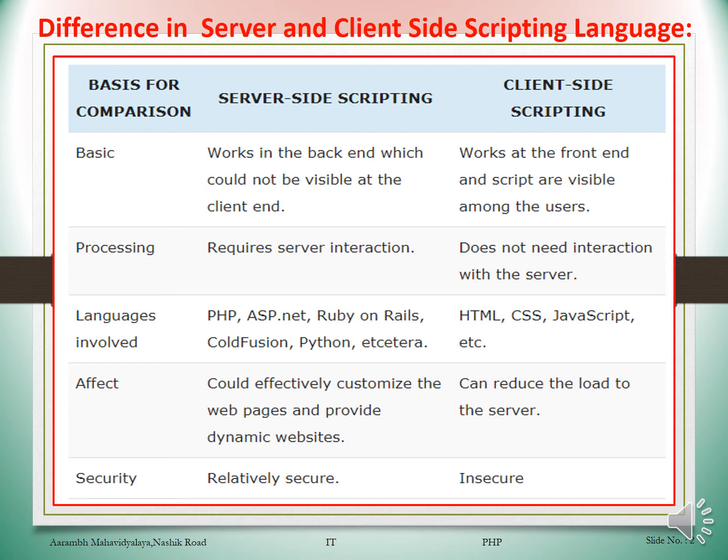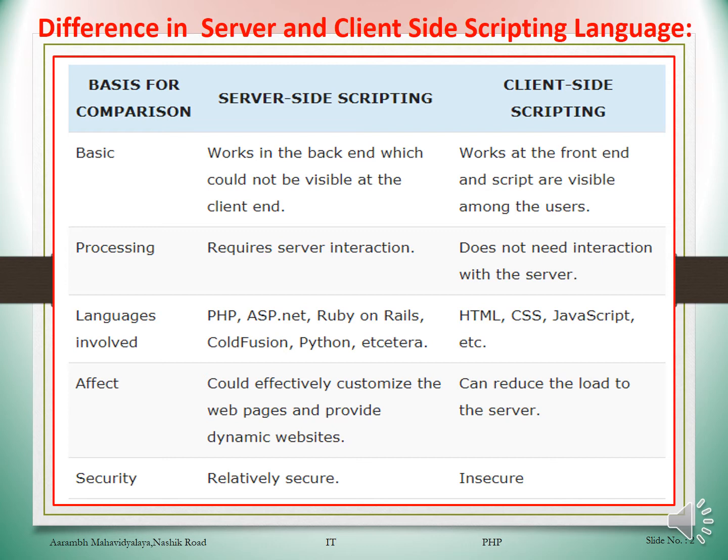First of all, here some topics are given and depending on these topics, specific differences are specified. First topic is basic. For basic, server-side scripting works in the backend which is not visible at the client end. Backend means whatever data is processed at the backside of the program that is not visible to the client end.